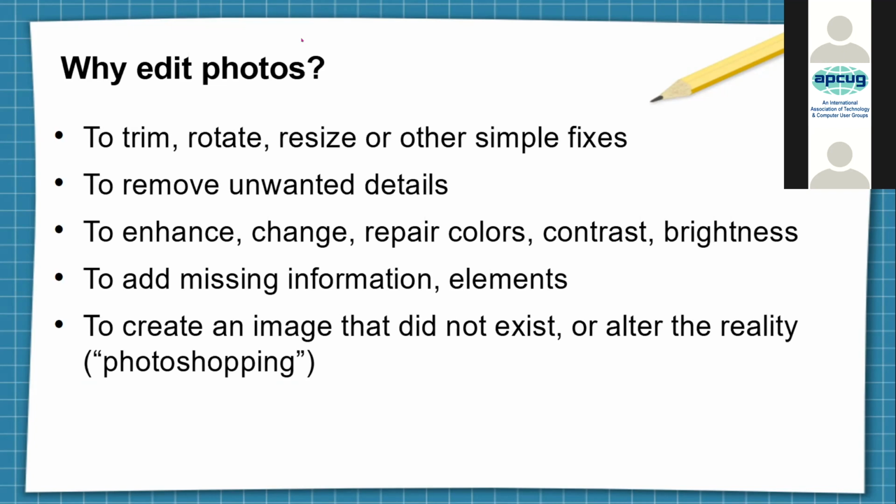Well, perhaps you want to remove the beer can in the background or some other distraction, or you forgot the flash. Google Photos actually are a good starting point for that. But you may need to add more contrast or brighten, and you can do that with GIMP. You can add text, backgrounds, people, even create a whole new imaginary world in your mind.